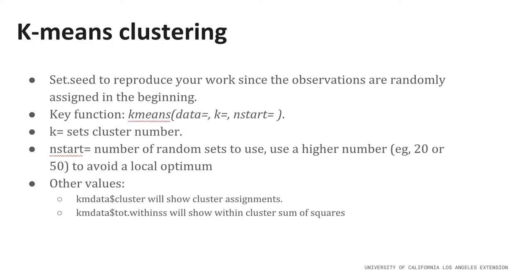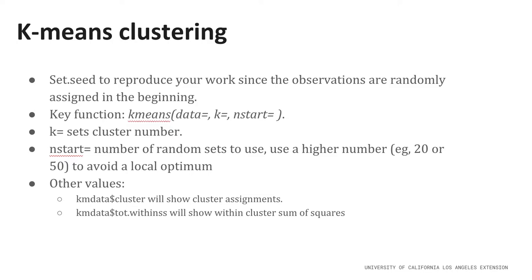For k-means clustering, it's very important to set your seed. Remember, the first thing that k-means does is randomly assign variables to clusters. So in order to make sure your work is reproducible, set your seed so that when you randomize something and someone else randomizes something, it's the same. Otherwise, you're going to end up with very different clusters. So the key function, again, no y tilde x, you just feed in your data.